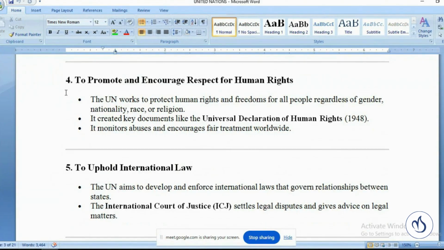For example, when it comes to elections in Uganda, and in very many aspects where the violation of human rights will occur, you will see the UN intervening.